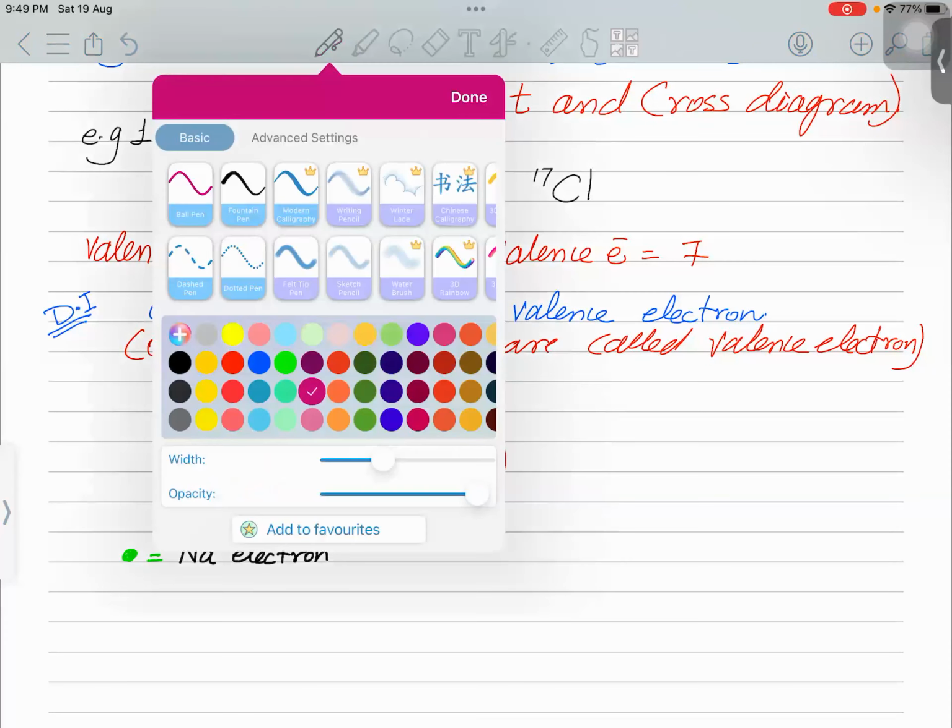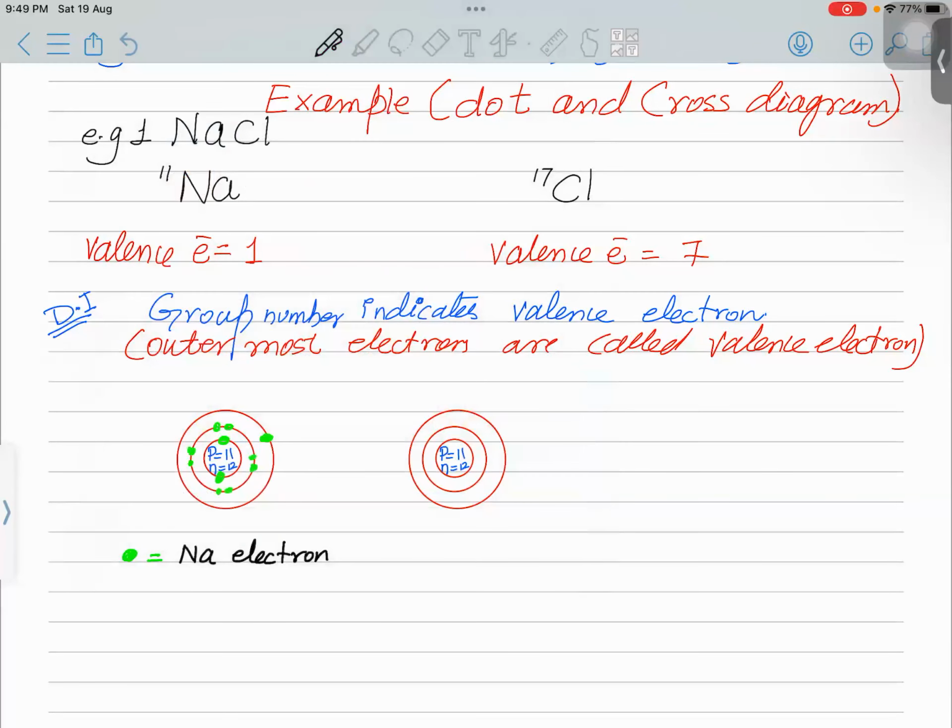So look at it again. In the first shell, you have 2 electrons. Cross indicates chlorine electron.